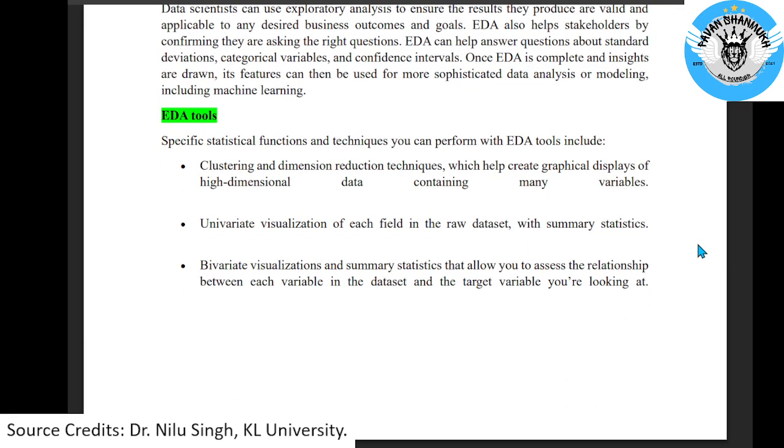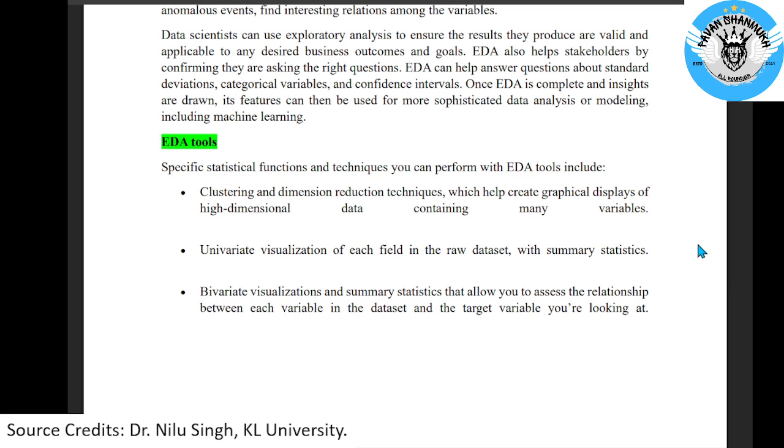So now, data scientists can use this exploratory analysis to ensure that the results they produce are valid and applicable to any desired business outcomes and goals. EDA also helps stakeholders by confirming that they are asking the right questions.